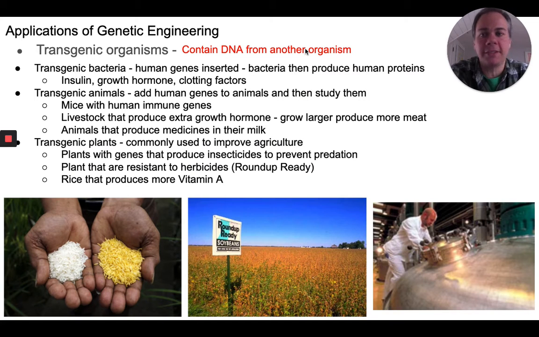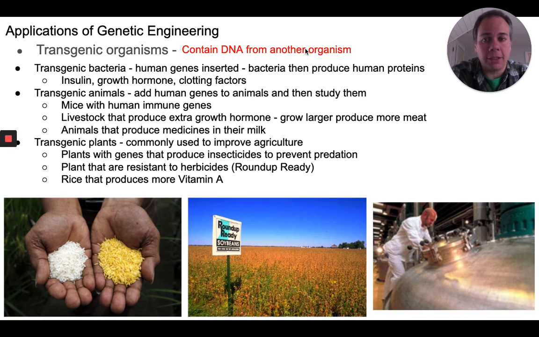We have livestock, okay, that have been genetically engineered to produce excess growth hormone in their tissue. And that leads to them growing to a larger than normal size, increasing their muscle mass, which allows them to produce more meat. There are animals in which gene splicing has been used to allow them to produce medicines in their milk.